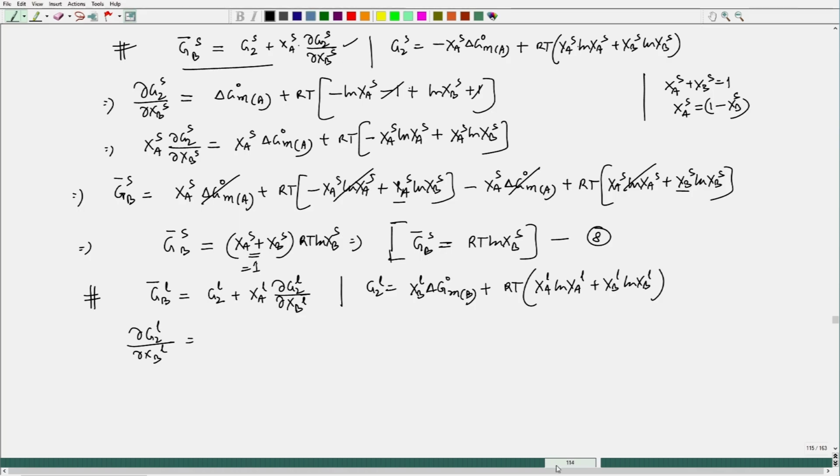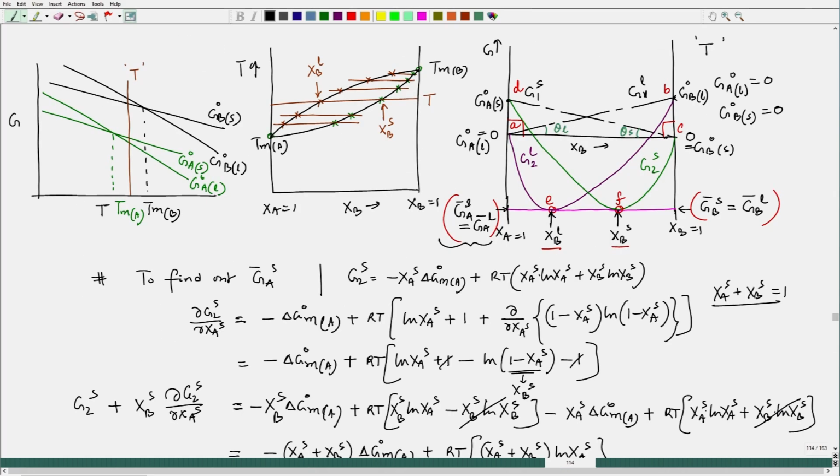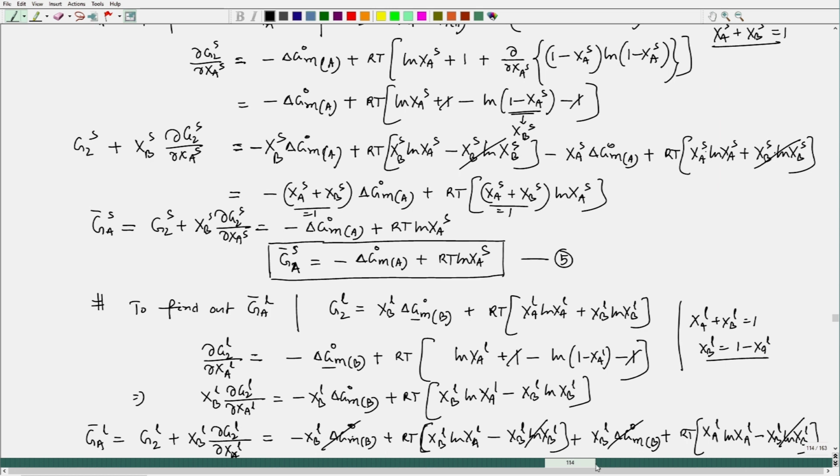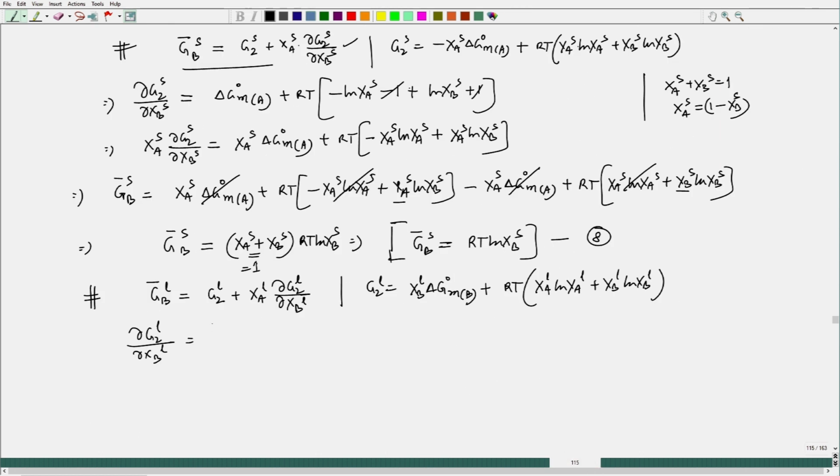Let me see if I have missed any terms here. For solid, everything is solid; for liquid, everything is liquid. Fine.